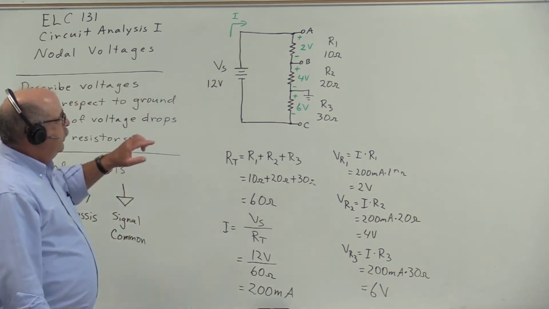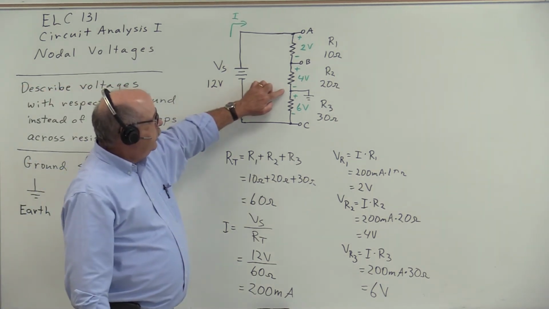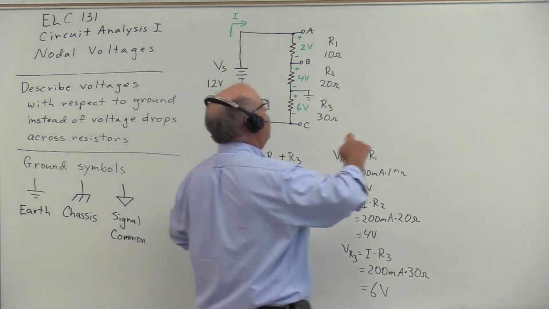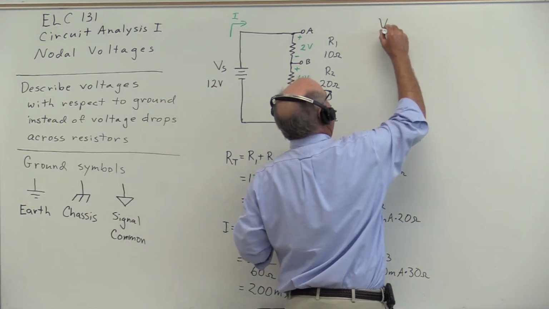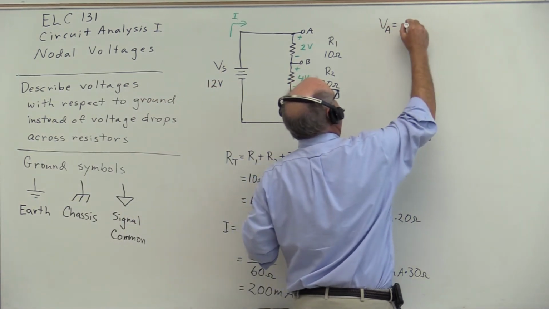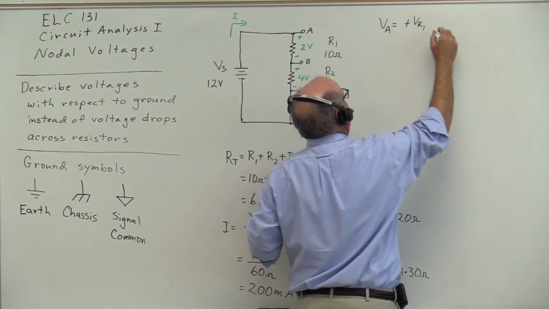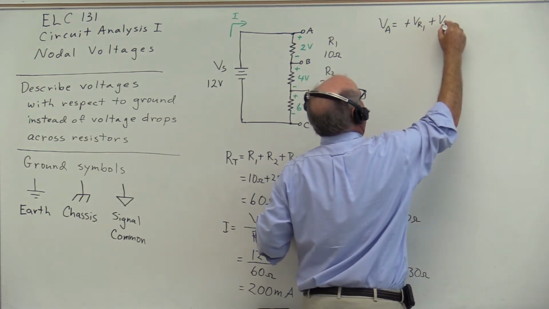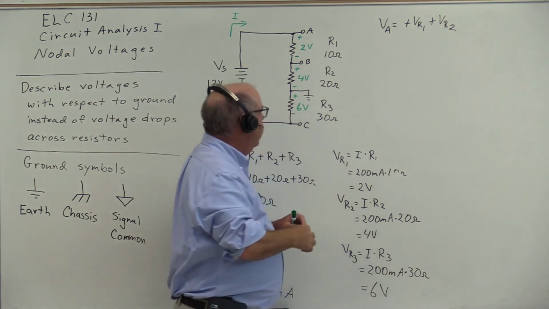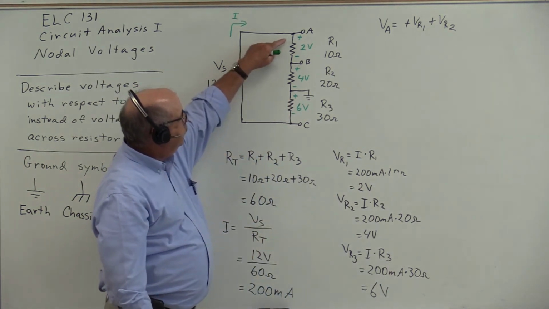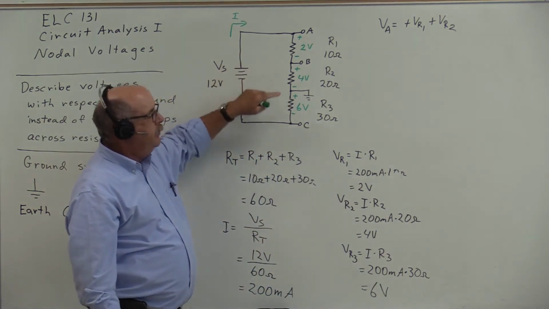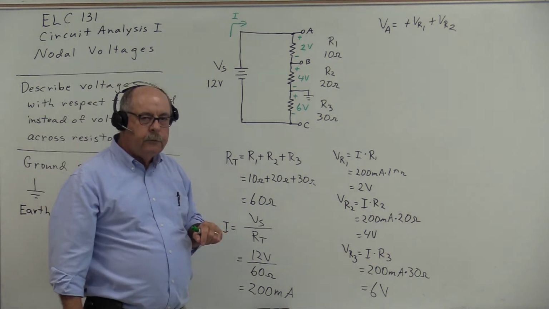Now, if I move the ground up to this point, the voltage at node A will be plus VR1 plus VR2, because from A to ground, I have the difference across R1 and the difference across R2.